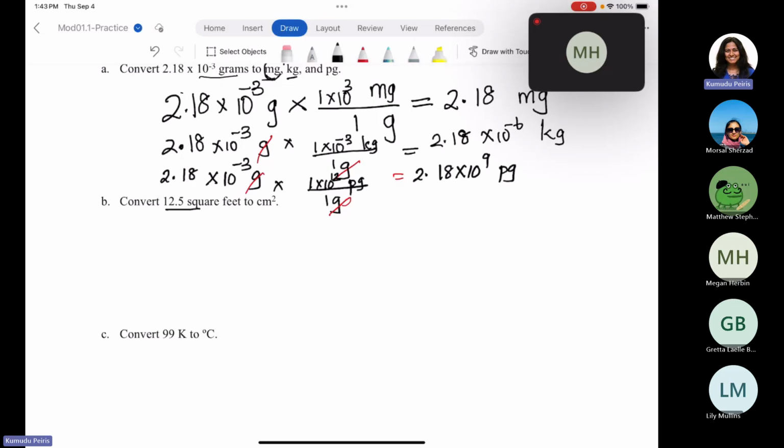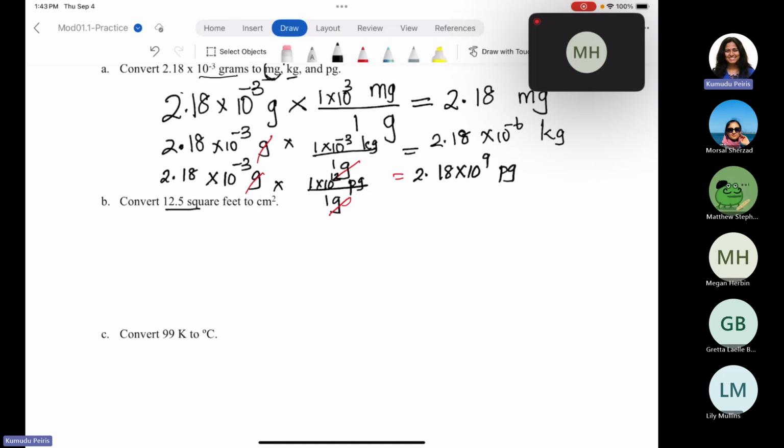Now we'll be converting 12.5 square feet to square centimeters. Right. Now you'll understand, right? You have not seen a direct relationship. You are not given the direct relationship between feet and square centimeters, but we know the relationship between feet and inches, and also we know the relationship between inches and centimeters.